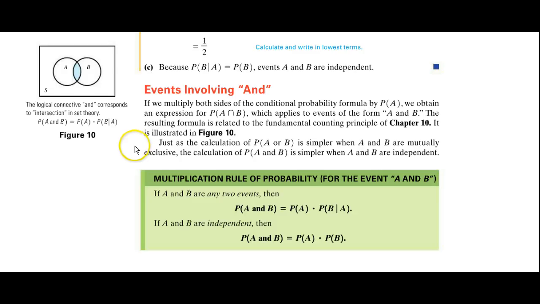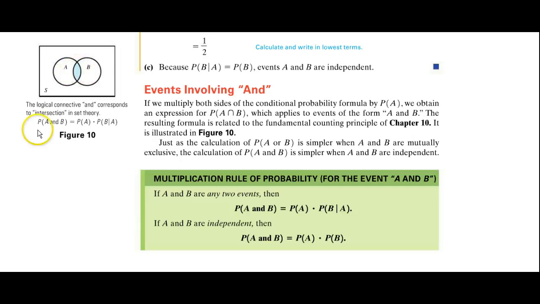I like the way the textbook goes back into previously discussed material and brings it sort of up to date. Here we're looking at a Venn diagram where S is our sample space, set A, set B, and the area of intersection is this colored area in the middle.